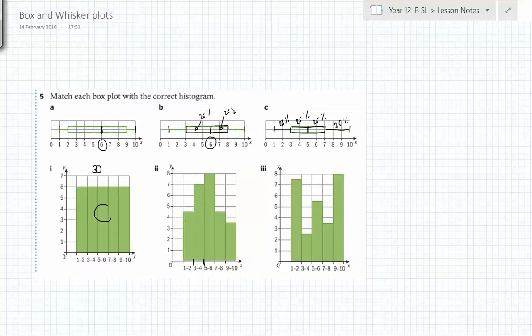So we've got 4.5, 7, 8, 4.5, and 3.5. So what does that add up to? 9, 17, 24, 27.5.